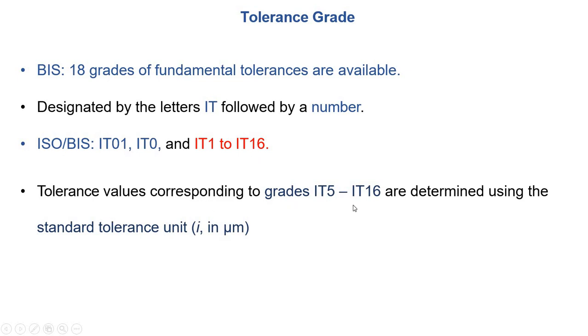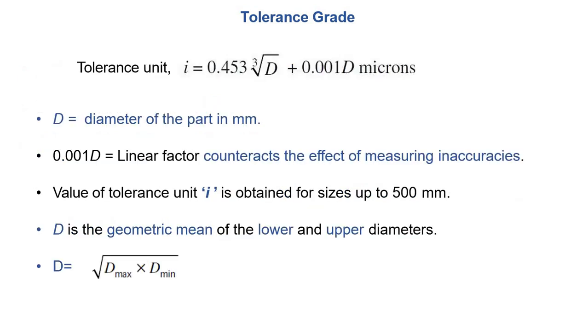Tolerance values corresponding to the grades IT5 to IT16 are written using the tolerance unit i in micrometers. To calculate this i, we have the formula i = 0.45 cube root of D + 0.001 D, where D is the diameter of the part in mm, and 0.001 D is the linear factor that counters the effect of measuring inaccuracies.